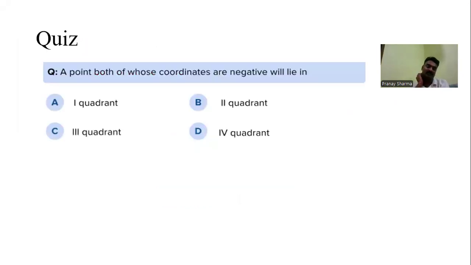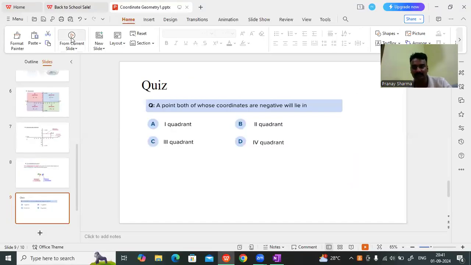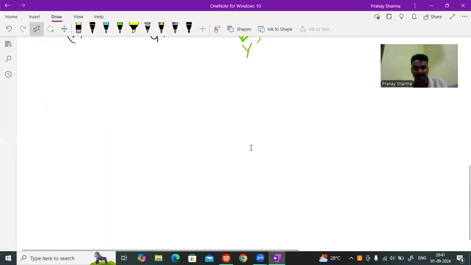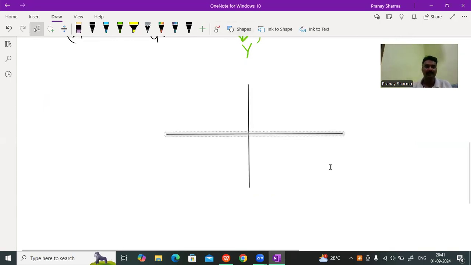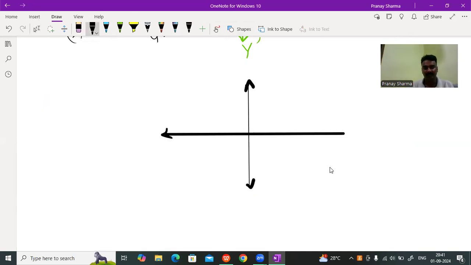Fine. Now, a small quiz that I would like to highlight here: a point both of whose coordinates are negative will lie in which quadrant? So let us move to our whiteboard. Let us say this represents y, y dash, x, x dash.